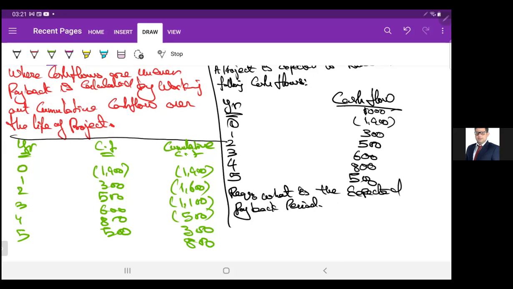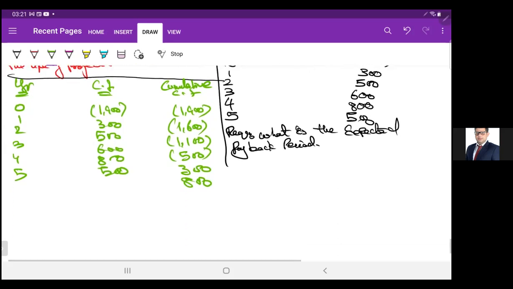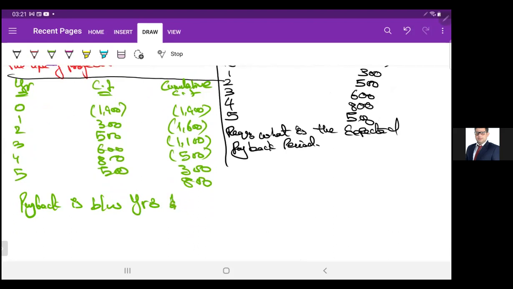So the payback is between year three and year four. This is during year four. This is the point at which the cumulative cash flow changes from being negative to positive.